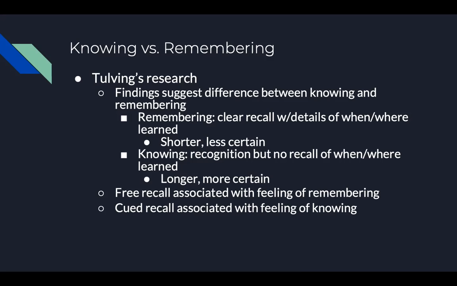And so at that point, then you're relying more on that sense of knowing of, oh yeah, I know that C is the correct answer. You might not be able to pull up all of the reasoning for why that's the case, right? You might not remember where in your notes you learned that information, right?